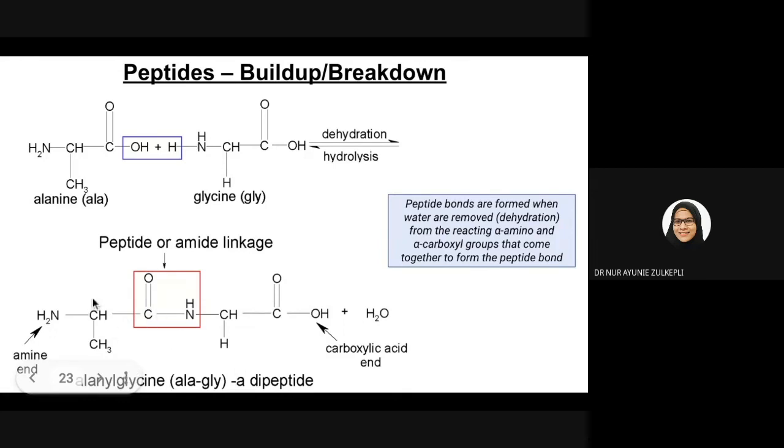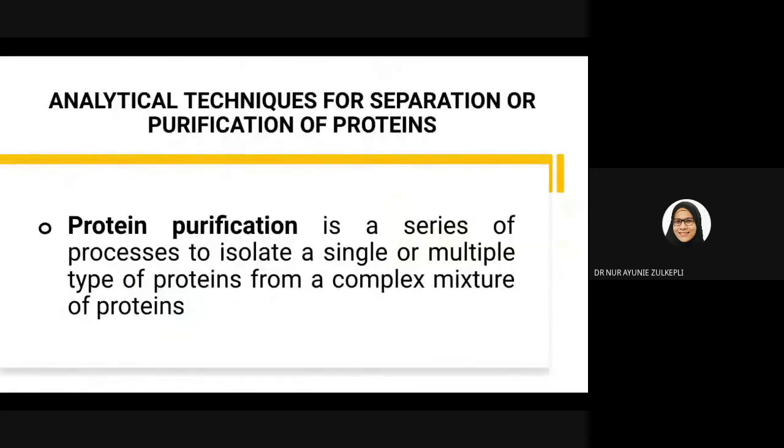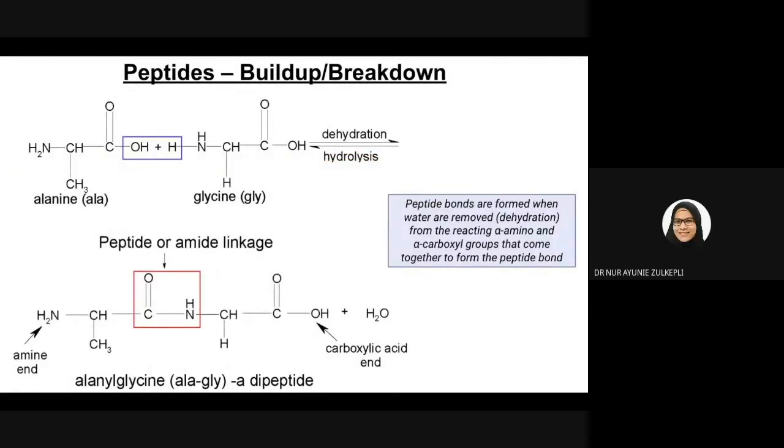So we link the alanine and glycine to become alanyl glycine. So it is a dipeptide, two amino acids bound together. So everyone okay with the peptide bond? Okay, doctor. So this is very basic.